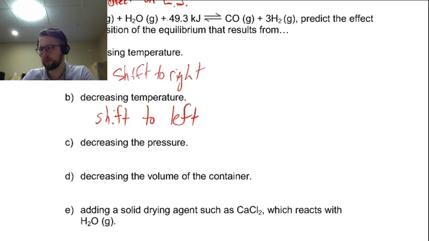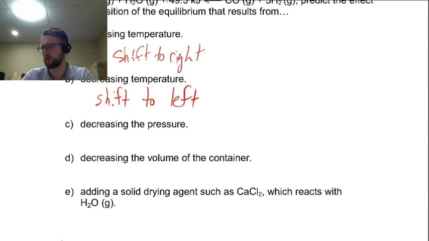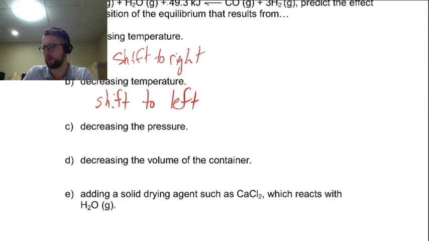If we decrease the pressure, so we're removing gas from the system or removing pressure from the system, that means that all the concentrations are decreasing, right? So I'm going to write out decreased pressure equals all concentrations decreased.